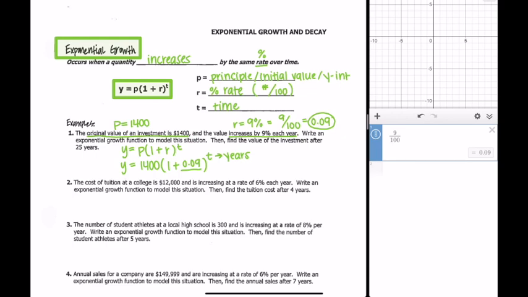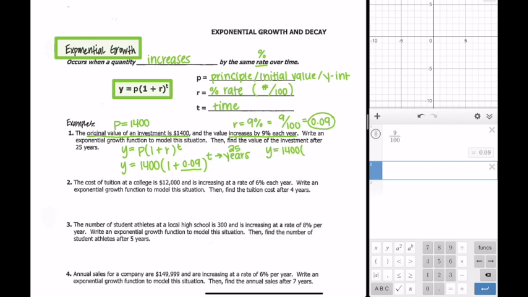Well, if we want to know how much it's worth in 25 years, then we're going to plug in 25 for t. So that will be 1,400 times 1 plus 0.09. We can simplify that to make it 1.09 raised to the power 25.